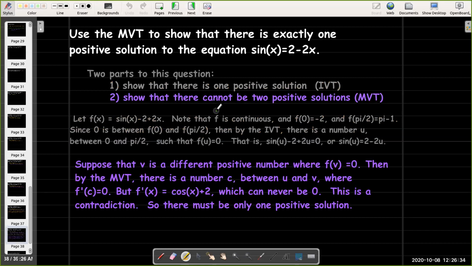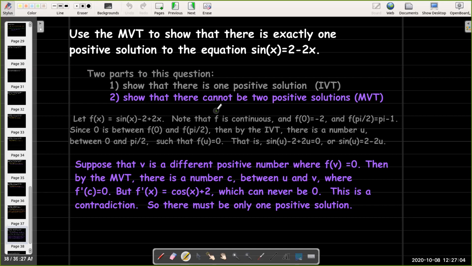Now let's do the second part. We're going to show that there cannot be two positive solutions using the mean value theorem. So suppose that the number v is a different positive number where f of v equals 0. Then by the mean value theorem, there has to be a number c, which is between my two solutions, u and v, where f prime of c equals 0.